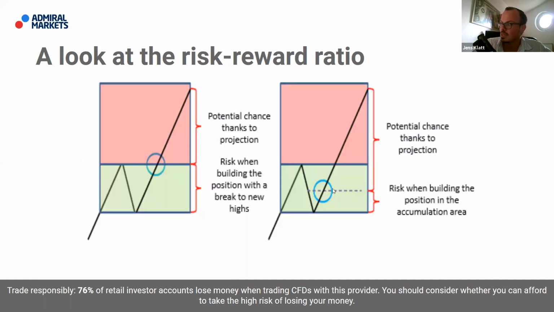It means nothing more than that your risk reward increases because you anticipate a break to higher highs, which means you can expect a higher reward in relation to the risk being taken.